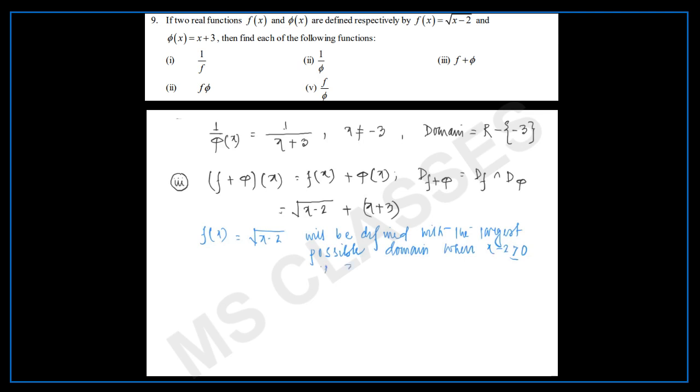This implies x is greater than or equal to 2. That is, x belongs to [2, ∞).